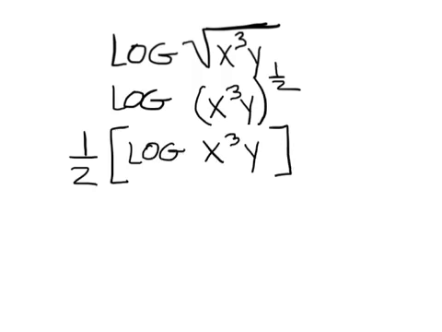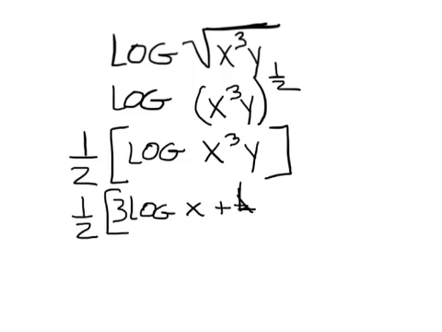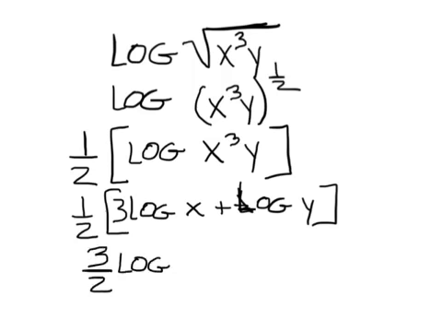So we have x to the third y remaining inside, which needs to be simplified, and it's going to be 3 log x plus log y inside. The next part of the lesson today is going to be continuing on with this to where you distribute the 1/2 all the way through your final answer here. So next you're going to go 3/2 log x plus 1/2 log y.